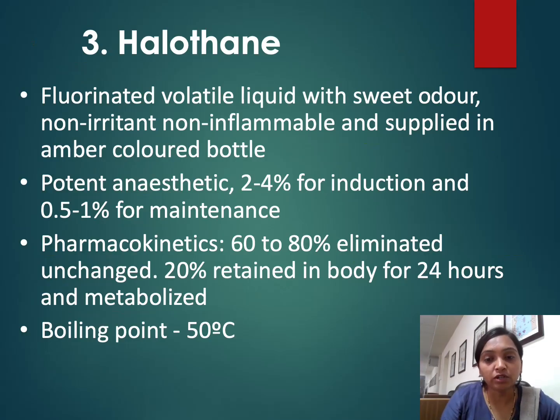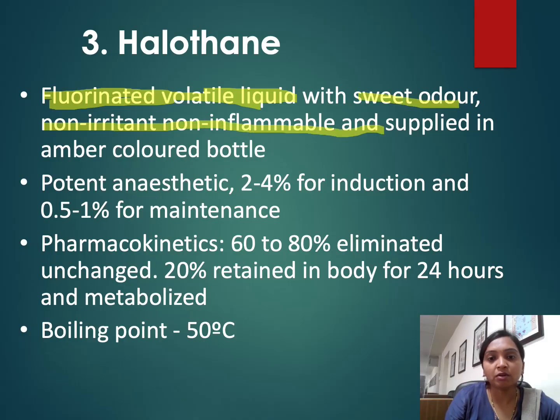Moving on to the fluorinated general anesthetics, the first one is halothane, which is a fluorinated volatile liquid with a sweet odor. It is a non-irritant, non-inflammable general anesthetic, and it is usually stored in an amber colored bottle. It is a potent anesthetic.